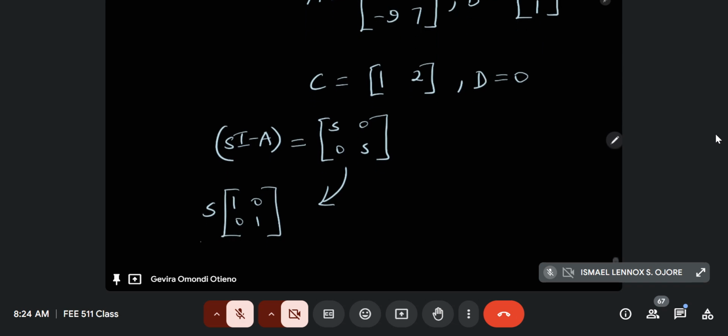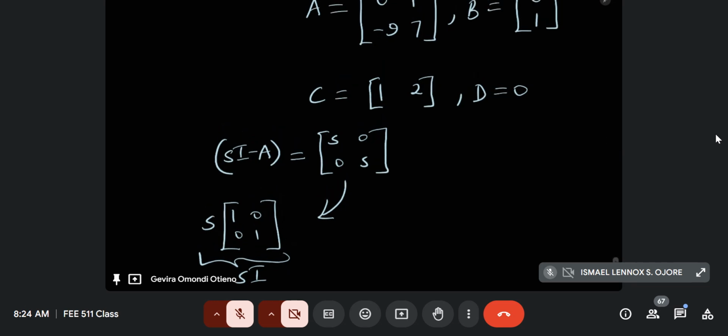And so this is what we are referring to as SI. That's why I have it as S0, 0S. Then we have to subtract A, and A is 0, 1, minus 9, 7.